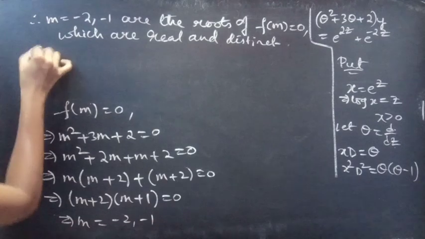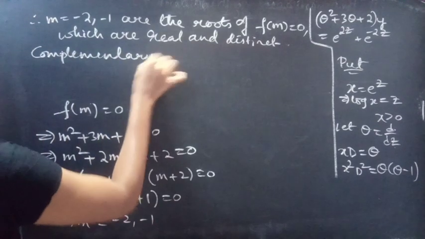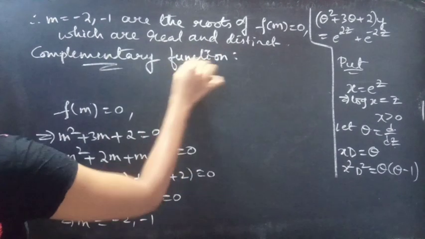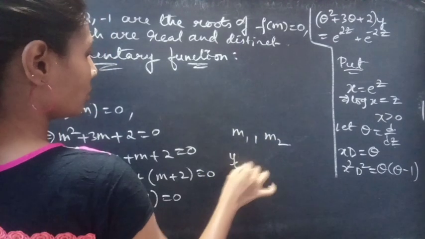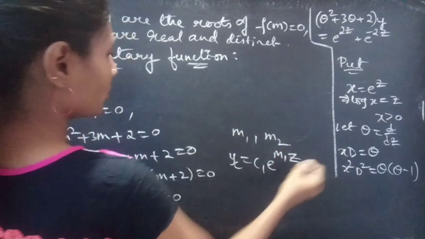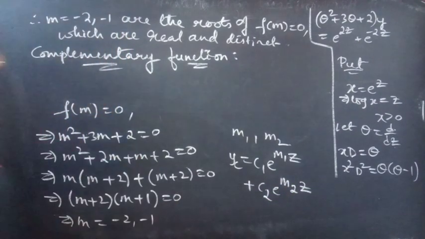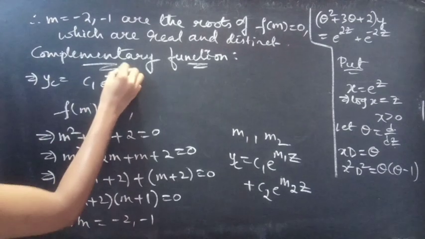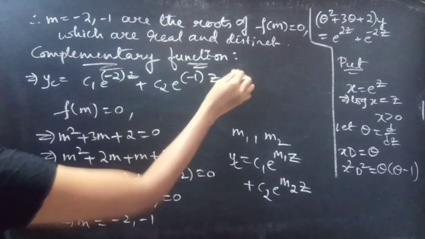Now let's write our complementary function. We know that when two roots m1 and m2 are real and distinct, then yc will be c1 e power m1 z plus c2 e power m2 z, that is, one constant into e power one root into the independent variable z plus another constant into e power another root into z.